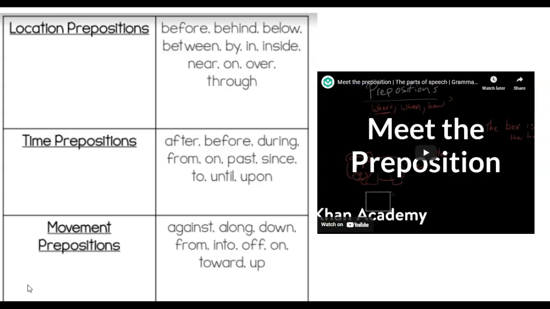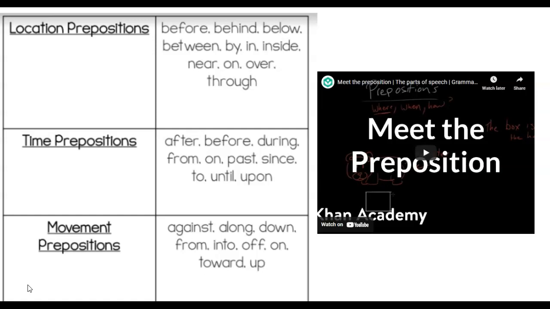Now, prepositions can also be related to time, where you think about when you did something: after, before, during the movie, from, on, past, since, to, until, upon. These are all things that tell time-wise when something happens. And then there's also movement prepositions, where things are actually changing position.